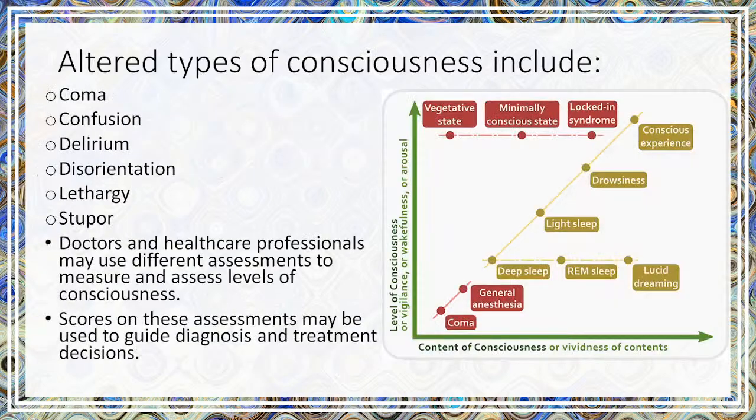And of course, we have some types of altered consciousness, which include coma, confusion, delirium, disorientation, lethargy, and stupor. Doctors and healthcare professionals may use different assessments to measure and assess level of consciousness. Scores on this assessment may be used to guide diagnosis and treatment decisions.